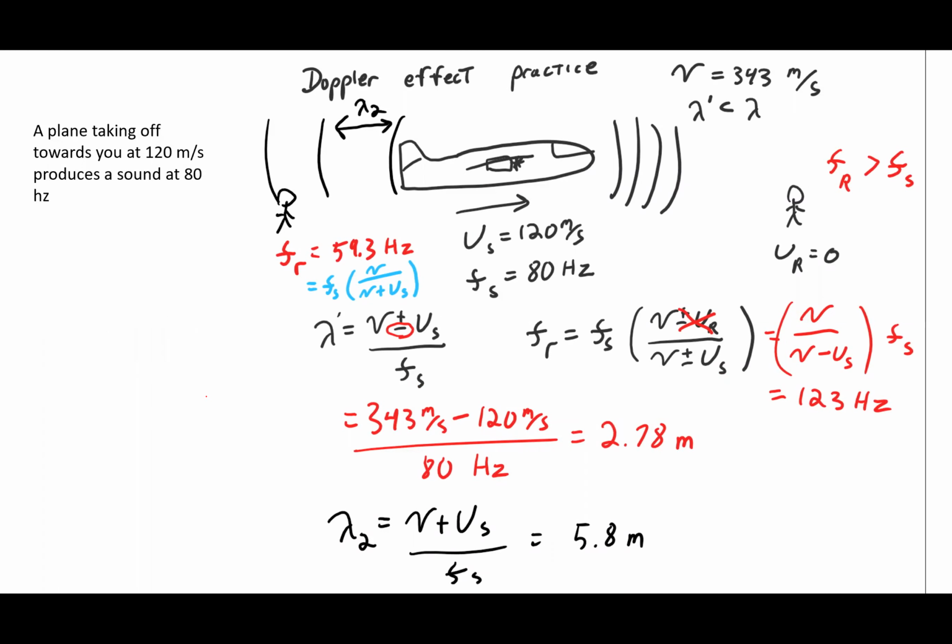So I have these two equations that I really want to use here, right? I have that the wavelength is dependent on the speed of sound, which I'm going to use V for.